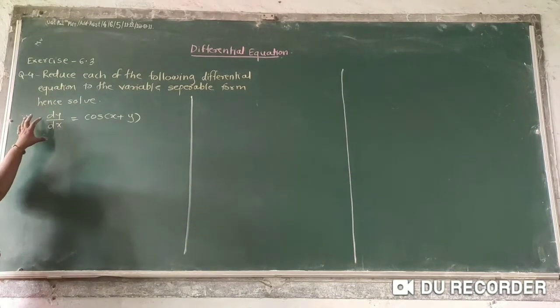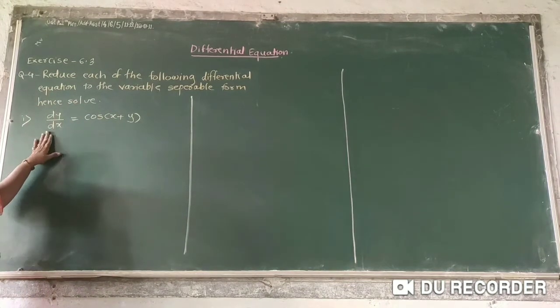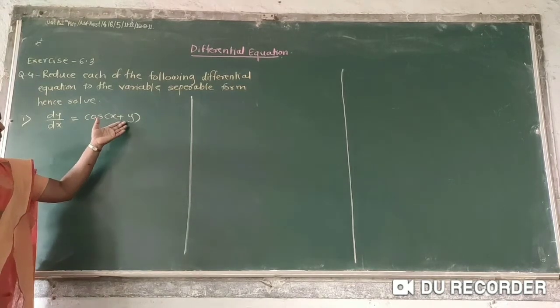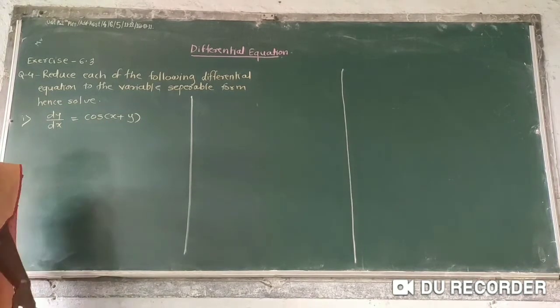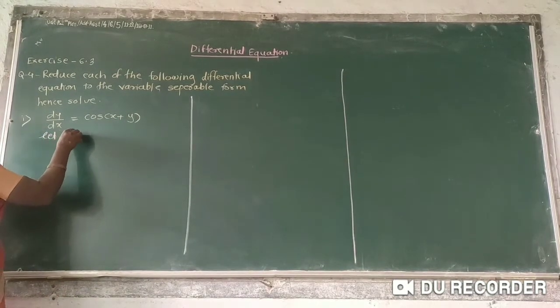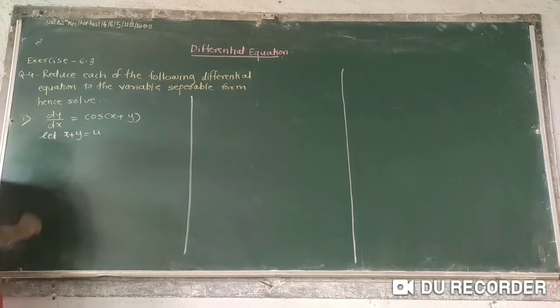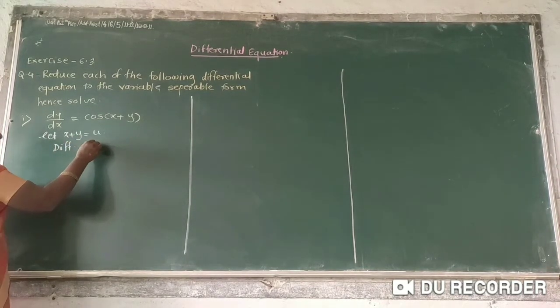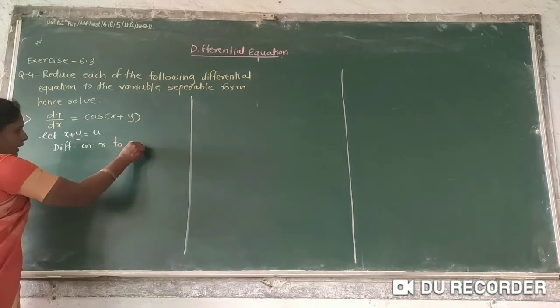Observe that this equation does not convert to the variable separable form. Therefore, here we have to substitute x plus y as u. Let x plus y is equal to u. Differentiate with respect to x.